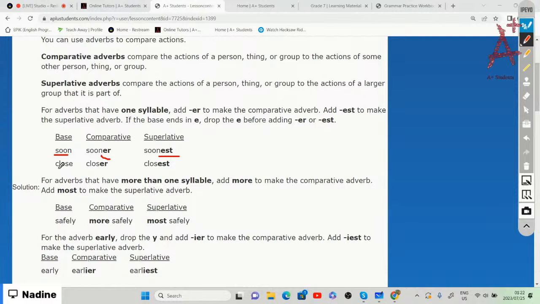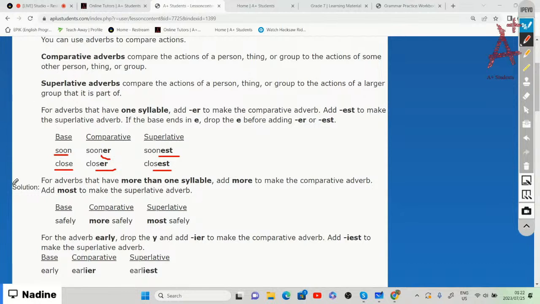Then we have close. Comparing it to another person, place, or thing, it's closer. Comparing it to a larger group that is part of it, they are the closest.